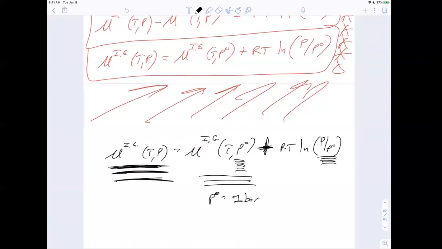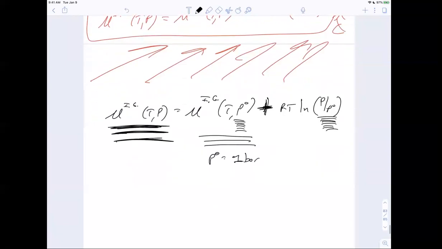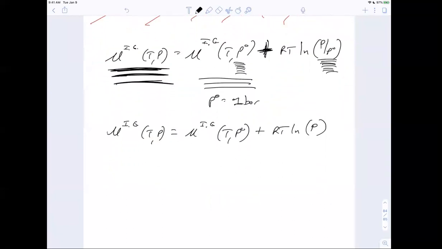And what I want you to keep in mind is that in the log, we have a ratio of P over P0. We have to keep that in mind because you can't take logs of things with dimensions. So oftentimes what you'll see is mu ideal gas at a particular temperature and pressure is equal to mu ideal gas plus RT natural log of P. And for those of you who are inclined to look at details, this is not quite consistent unless you're told that P sub 0 is equal to 1 bar.